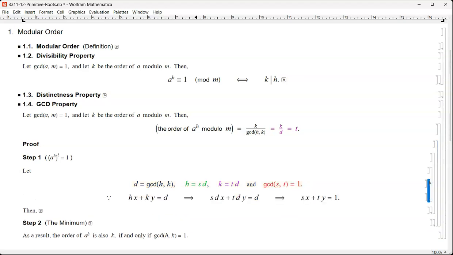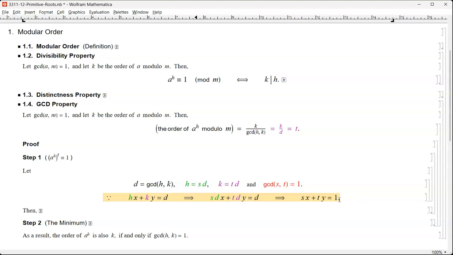Another way to see it is to rigorously prove it using this Bezout linear combination expression. Hx plus Ky is D for some integers x and y, and then H is S times D, right? And then K is T times D. And then the right hand side is D to begin with.